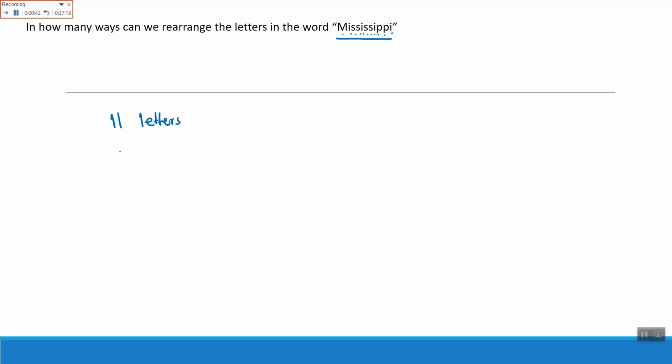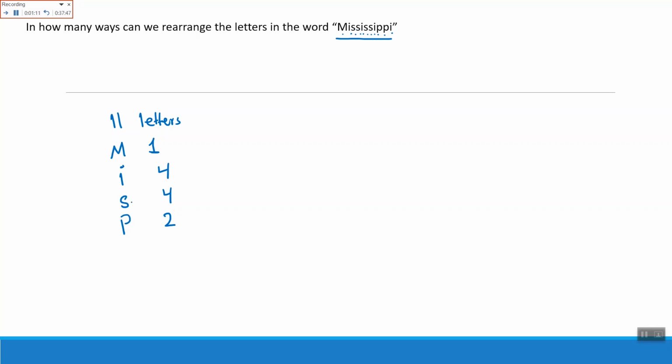There is the letter M, and it's repeated once. There is the letter I. It is written 4 times. There is the letter S, which is 4 times. And then there is the letter P, which is 2 times. So how do we rearrange these letters? It's the same as the cars and the colors. It's like you have 9 cars and 2 red and 3 white.